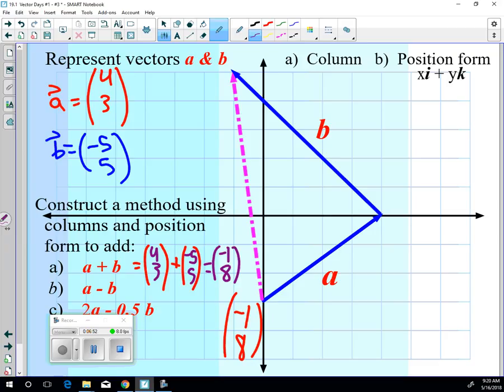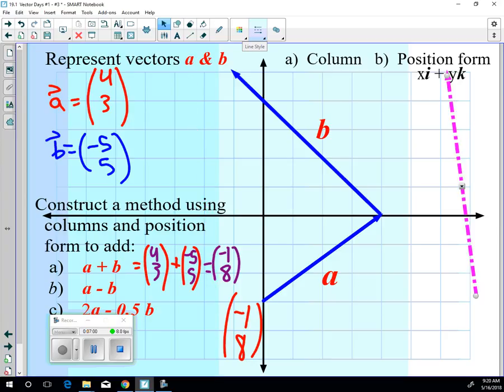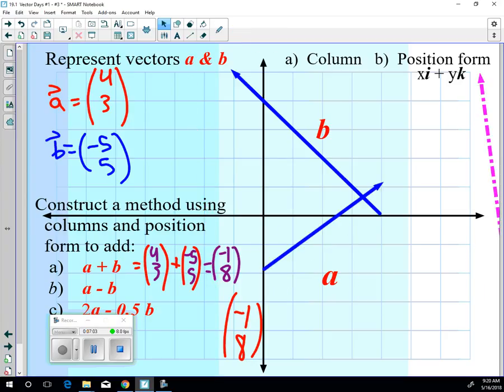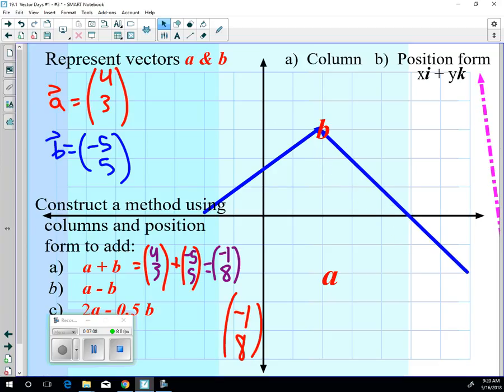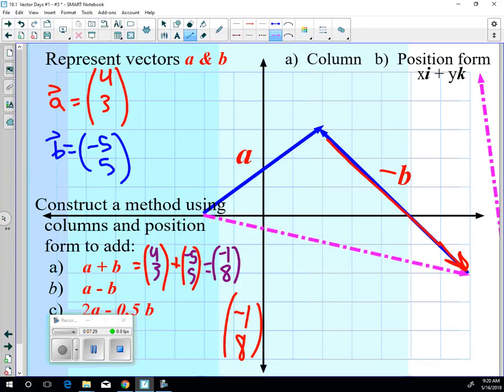How about for subtraction? Well, what happens with subtraction is we're going to reverse. A minus B. So we're going to start up here. Let's try this one. A minus B. So this one's going to go down here. There's A, and here's minus B. Minus B is this one. So when we draw that final resultant, we go from the tail of the first to the head of the last.